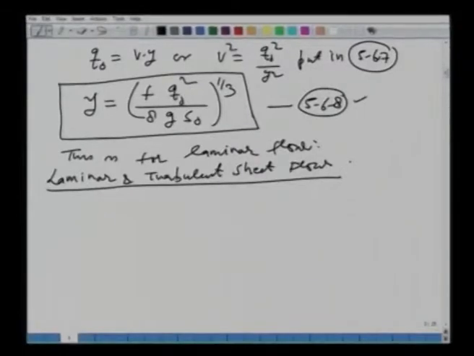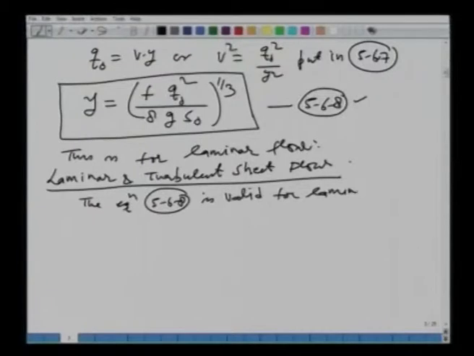Okay. The equation which we have derived so far, 5.6.8, is valid for laminar flow only, when the Reynolds number is less than 2000.